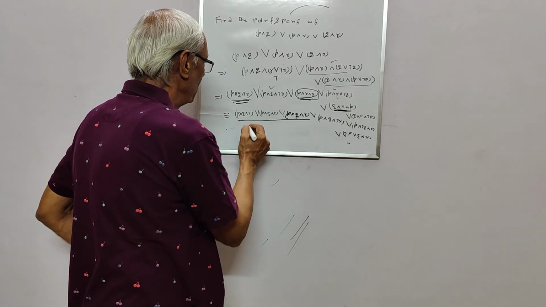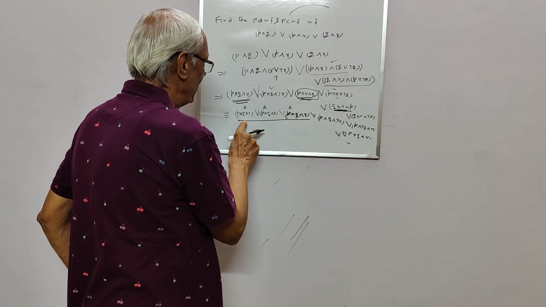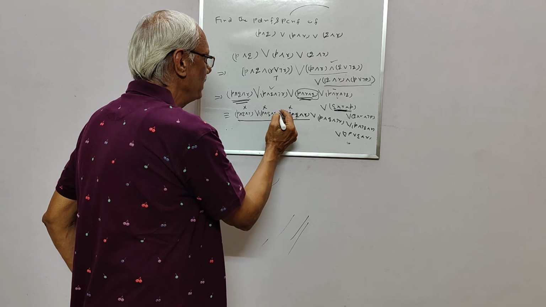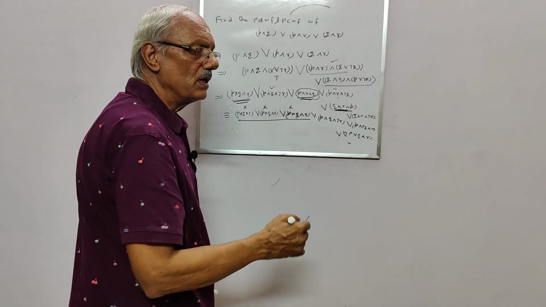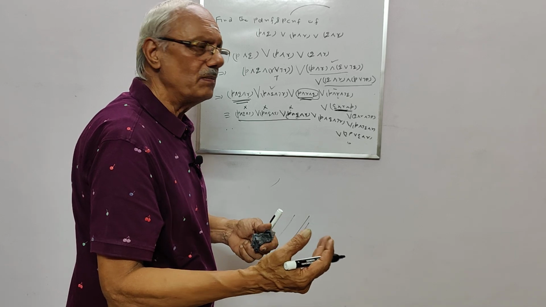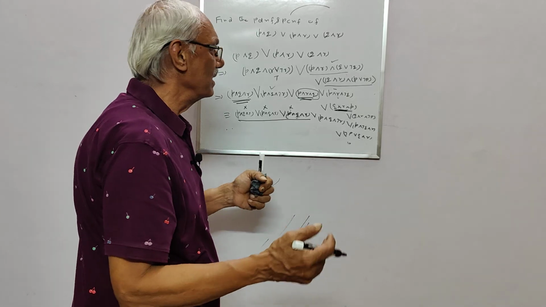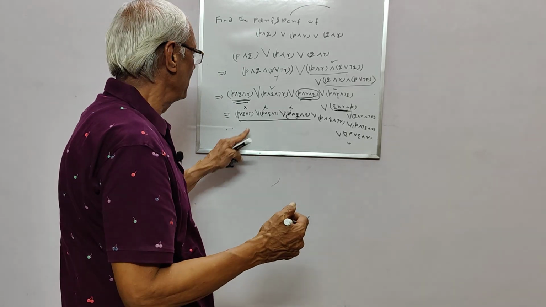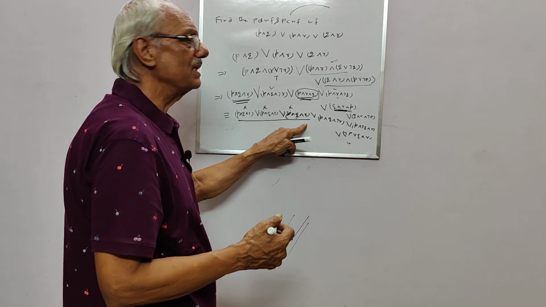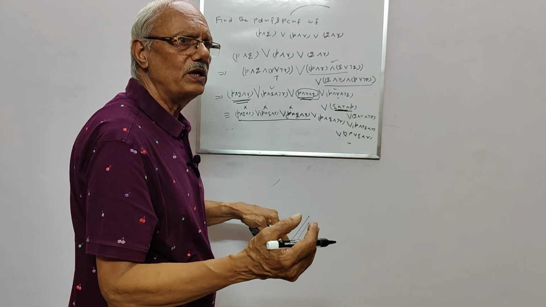These are like terms: X disjunction X is X. Again you take with X. The number of times you take it is immaterial, because however many times you take it, it is going to remain the same. That is how idempotent law can be applied.